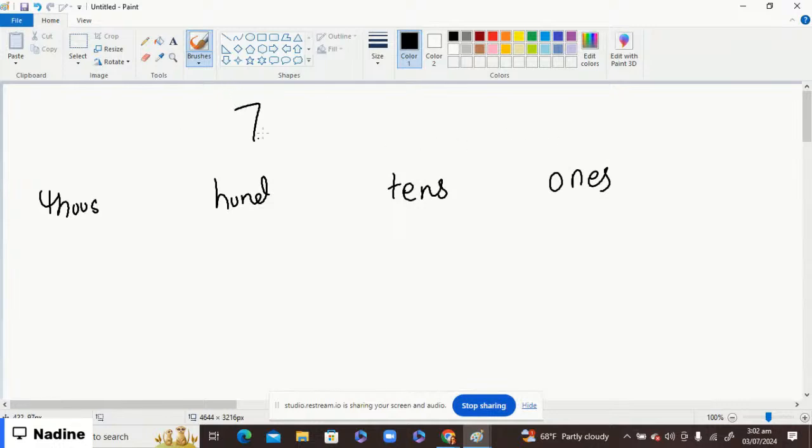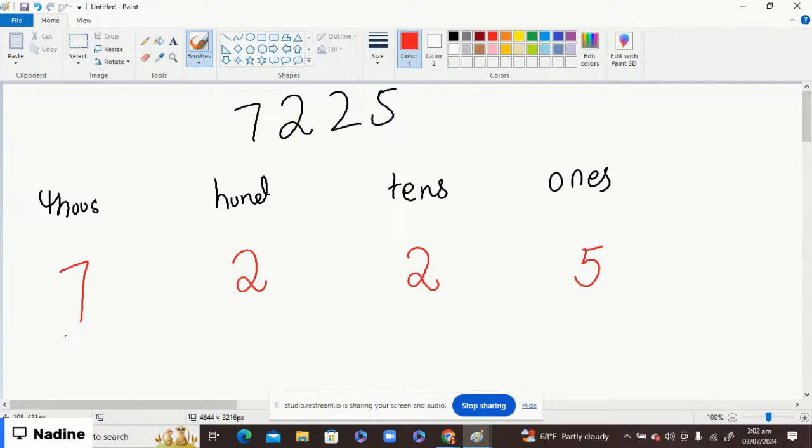For example, if you have a number like this way, we can write it down here: 7, 2, 2, 5. So this is basically 7225.